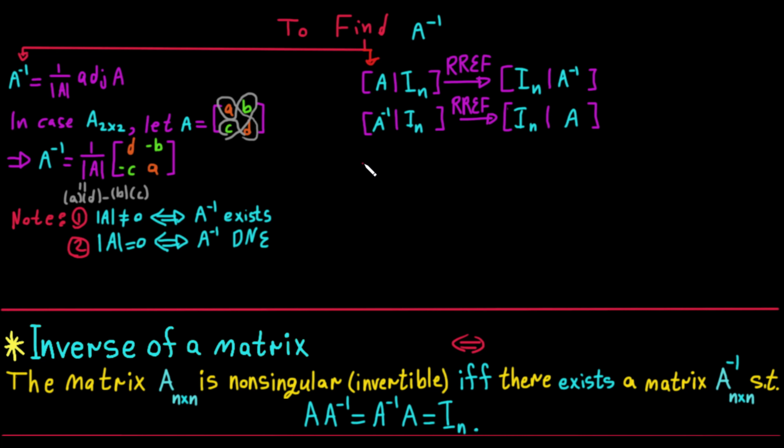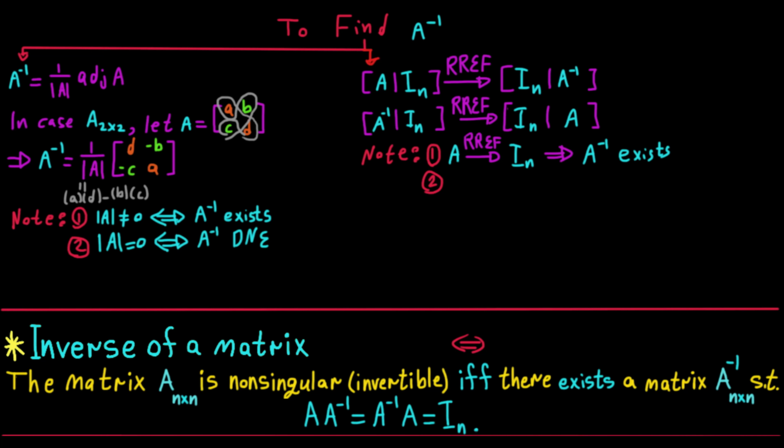Note 1 and 2. 1, if you can change A by using RREF to the identity matrix, then A inverse exists.